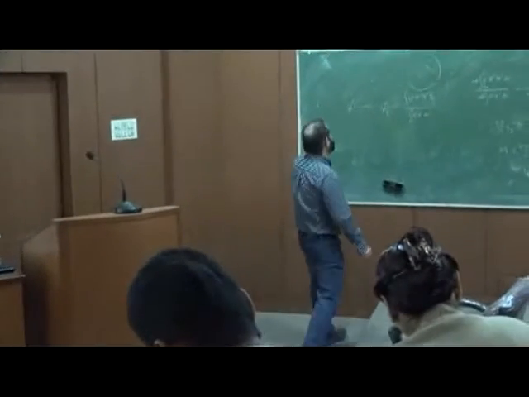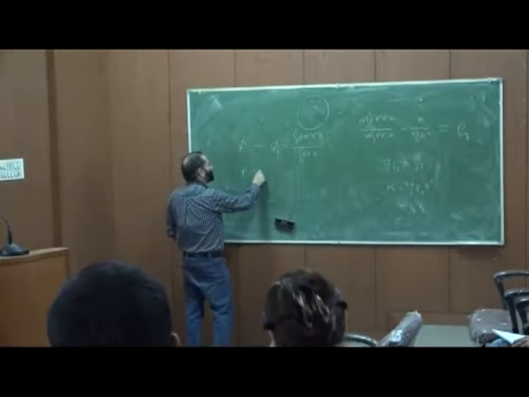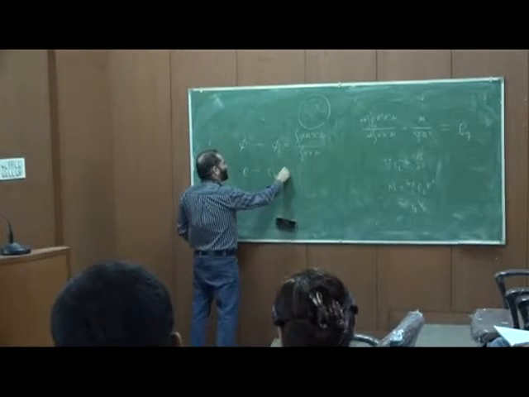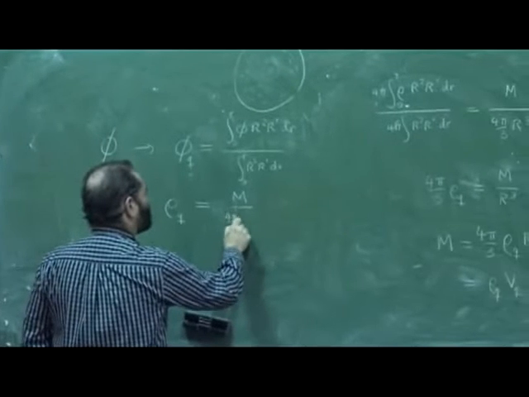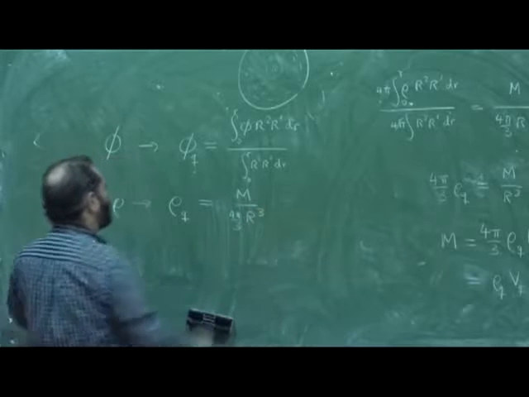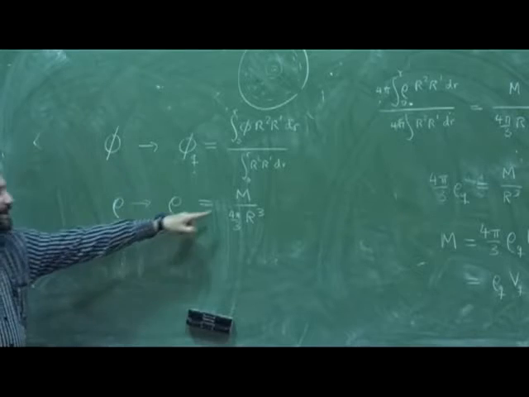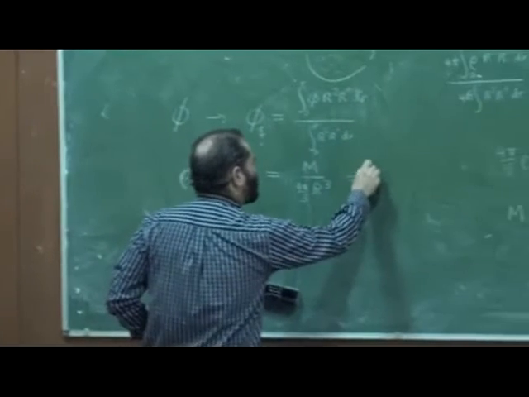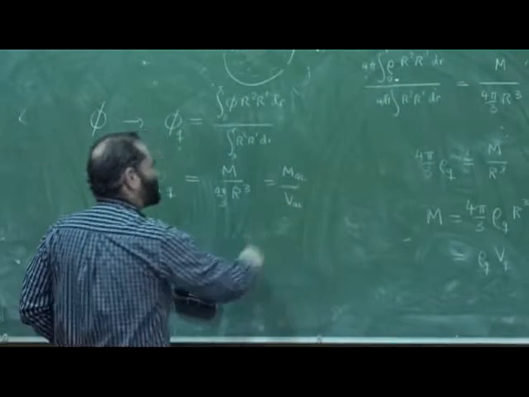Which scalars do you think should be subjected to this? We've already seen that rho goes to rho q, which is simply m by... we've seen that if we subject rho to this definition, we get something like this, which is very nice, because this is the quasi-local mass divided by the quasi-local volume, right?